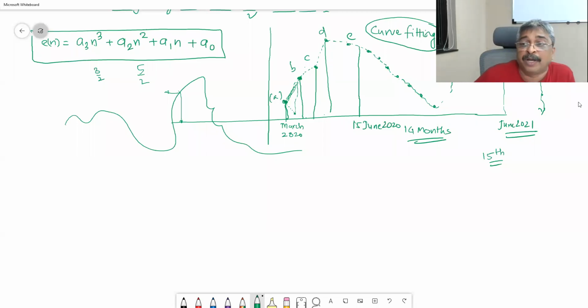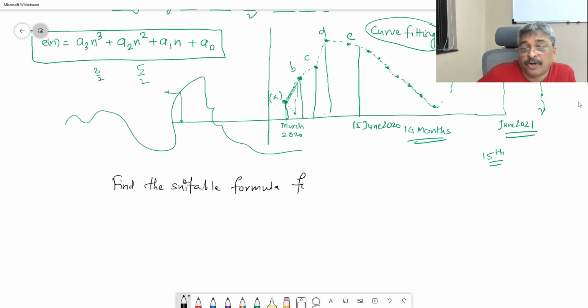Find the suitable formula for Bn. Okay, what is Bn? B1 is equal to 1.